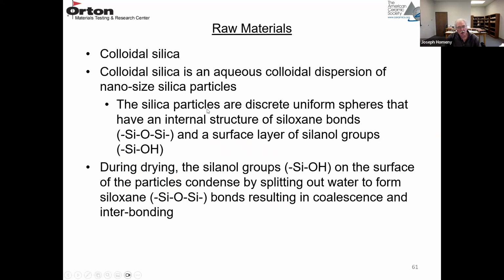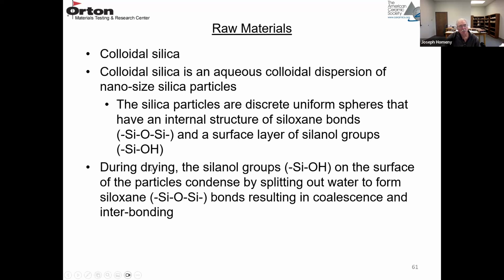So the silica particles are uniform spheres, and their internal structure consists of siloxane bonds, so Si-O-Si bonds internally. And then the surface of these particles, the surface layer, is comprised of silanol groups, SiOH groups.